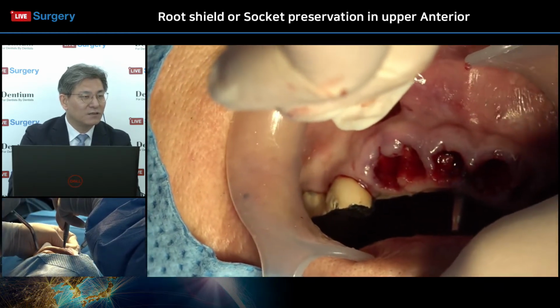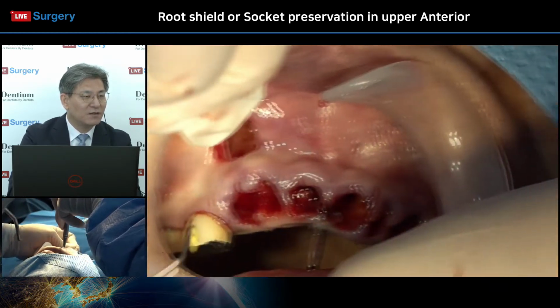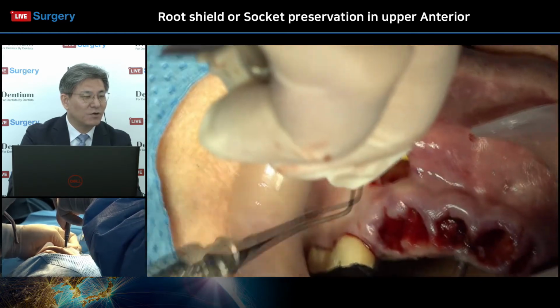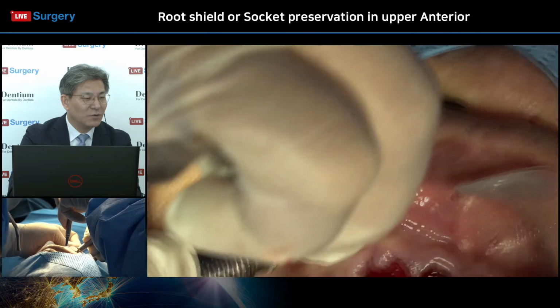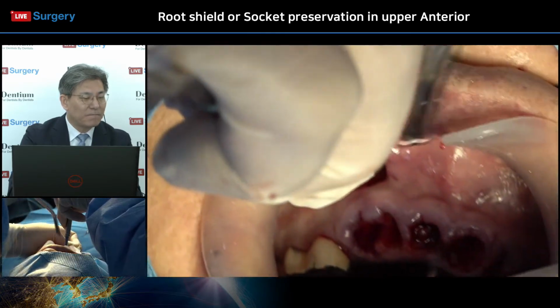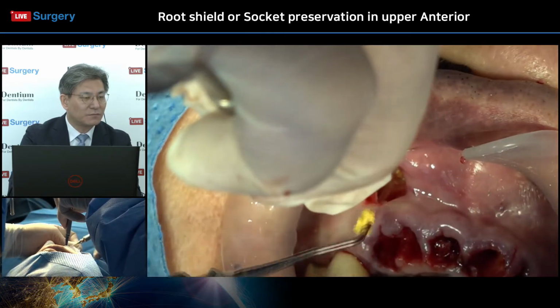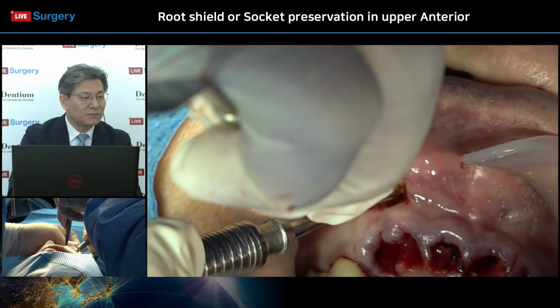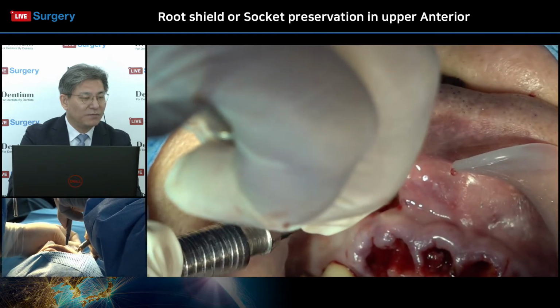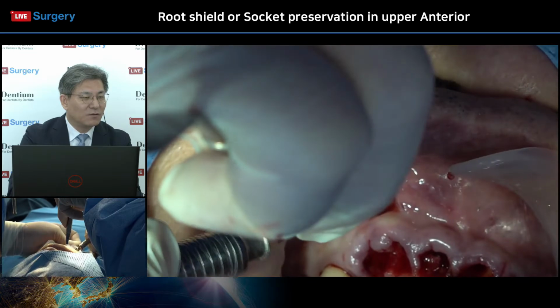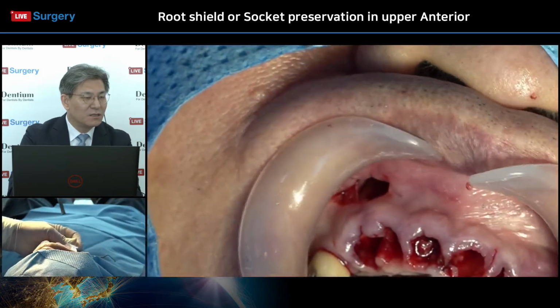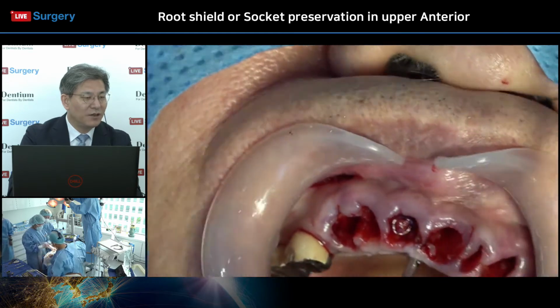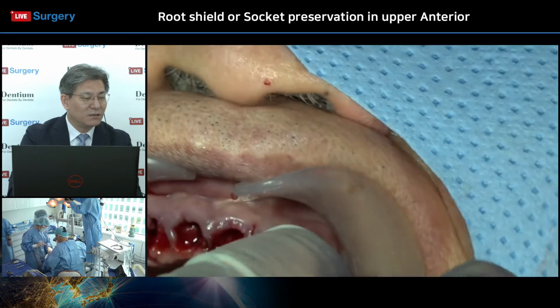Some of the other efforts are GBR procedures, some bone grafting, and socket shield. Anyway, it doesn't matter. The big defect around the apex portion of the 13 canine area. 이쪽은 드릴링 다 끝냈죠?